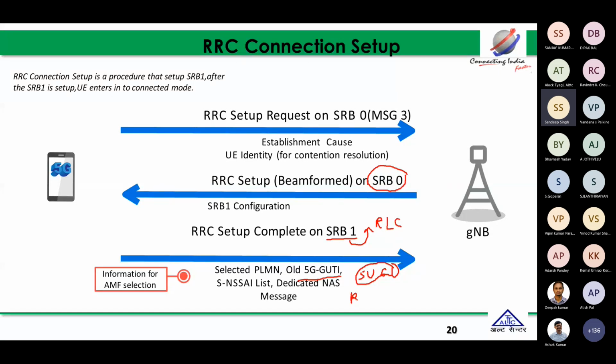Attach is a registration procedure, and PDN connectivity is a session setup. So there are two messages in LTE, but in 5G the RRC setup complete message has only one message, for the registration purpose, with information for AMF selection.